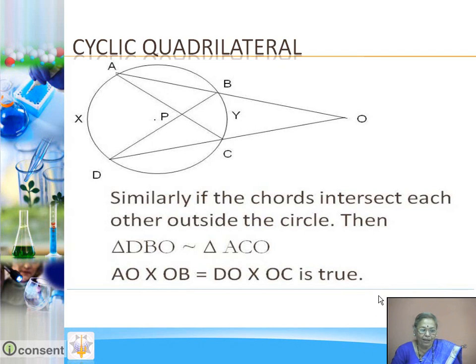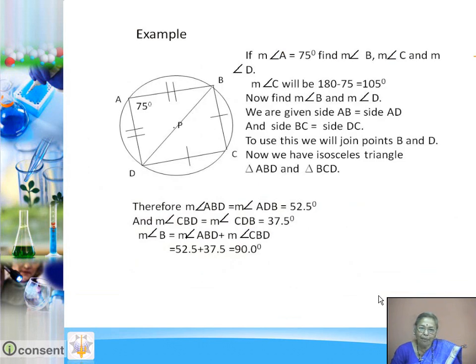There is one more example given. ABCD is a quadrilateral which is inscribed in the circle. Measure of angle A is equal to 75 degrees.